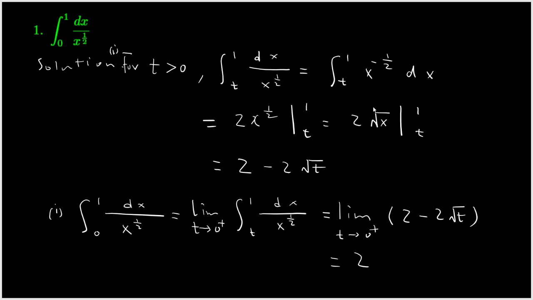So for an improper integral, you need to answer the question: is it convergent or divergent? Converges to what? In this case, we say the integral converges to 2.